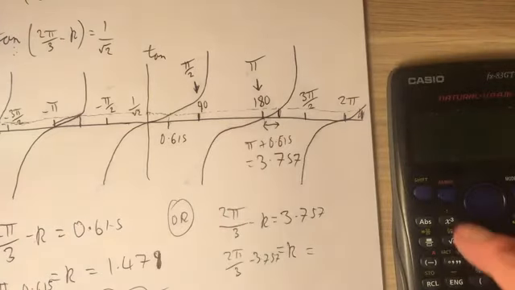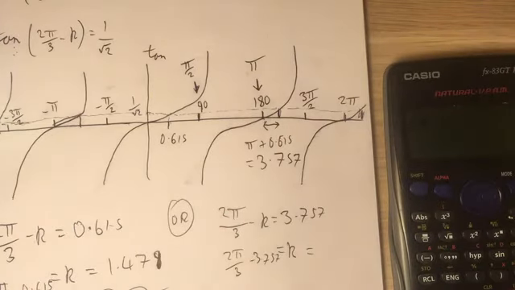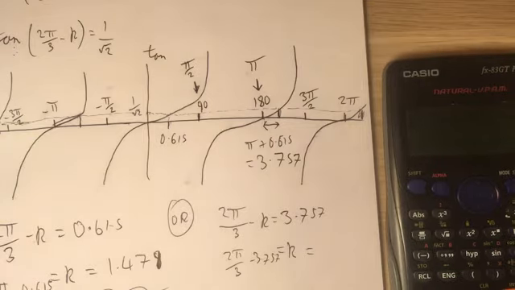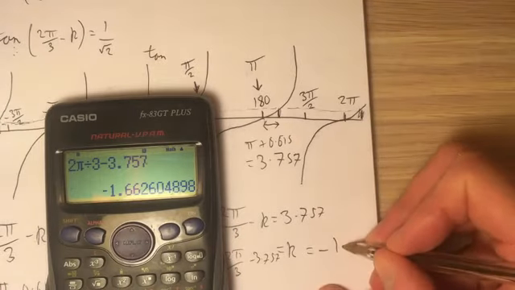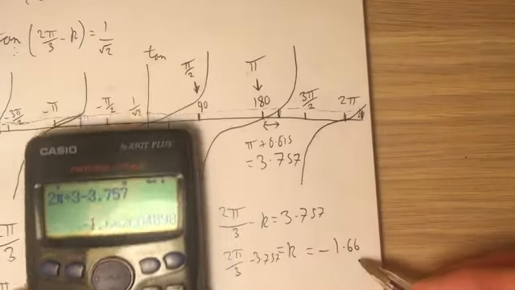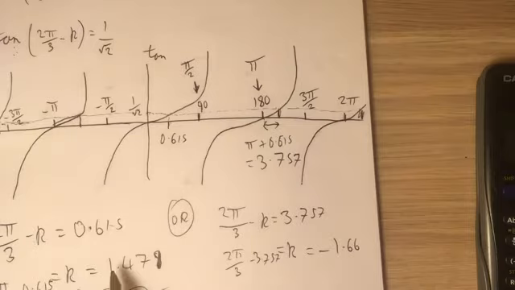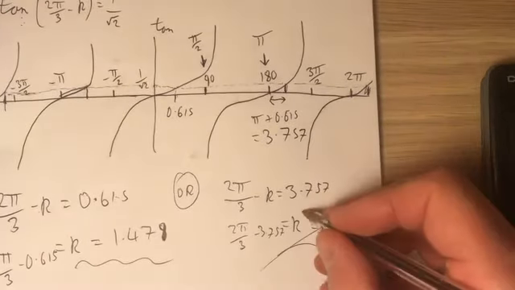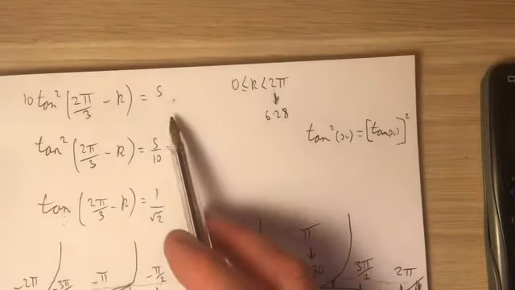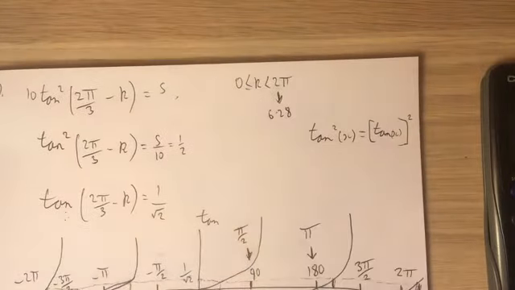What is 2 times pi divided by 3 minus 3.757? Ah, that's interesting. Negative 1.66. So I've got one answer here, but this is no use to me because it's outside of the range requested here.